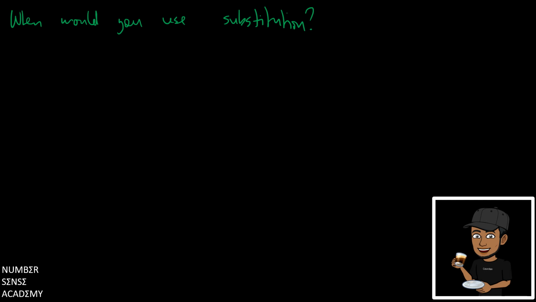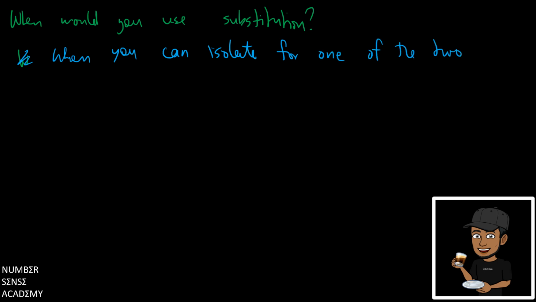You use substitution when you can isolate for one of the two variables, so that means you get either x equals or y equals.